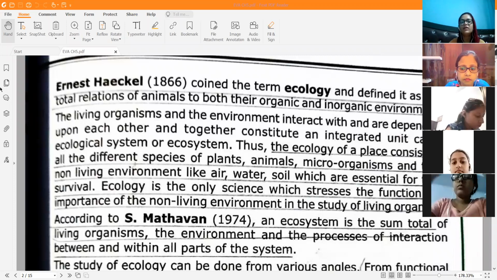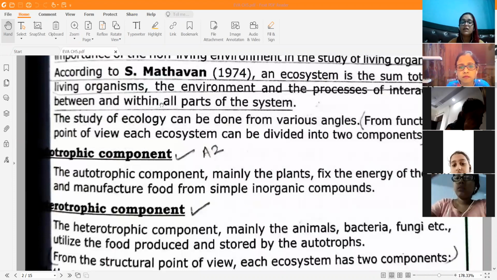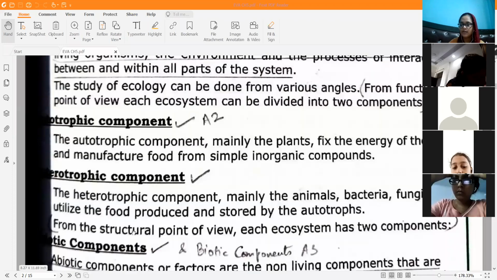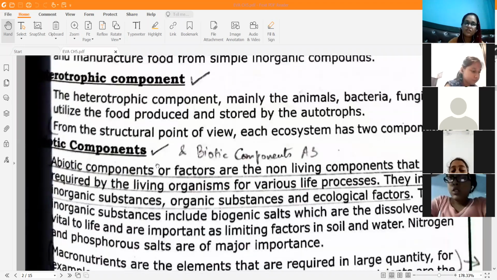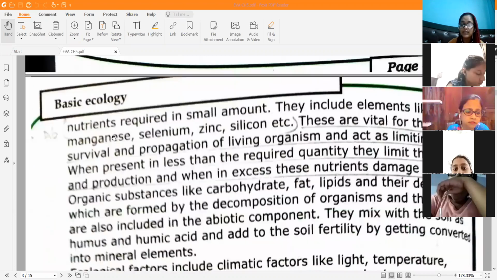So in this chapter, we learned about what is ecology, what is an ecosystem, what are the components of ecosystem, that is the autotrophic and heterotrophic, that was from the functional point of view. Then from the structural point of view, it was divided into biotic and abiotic components.